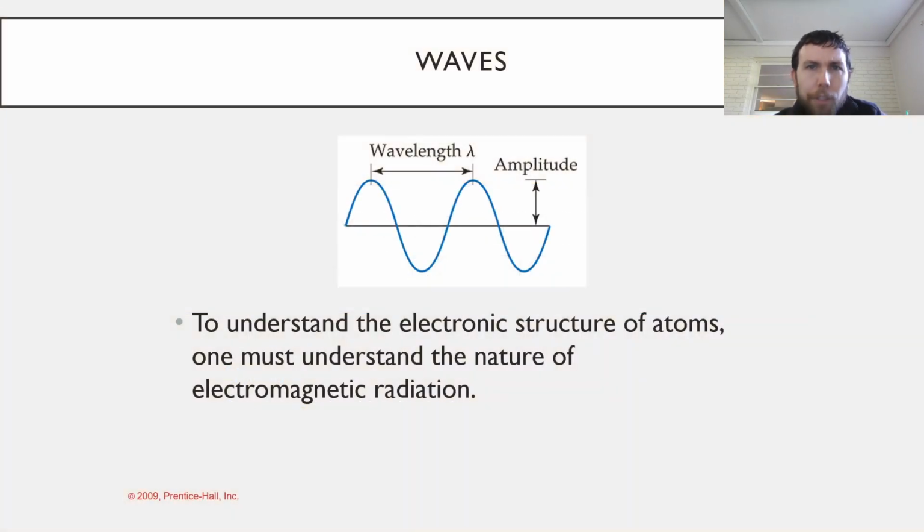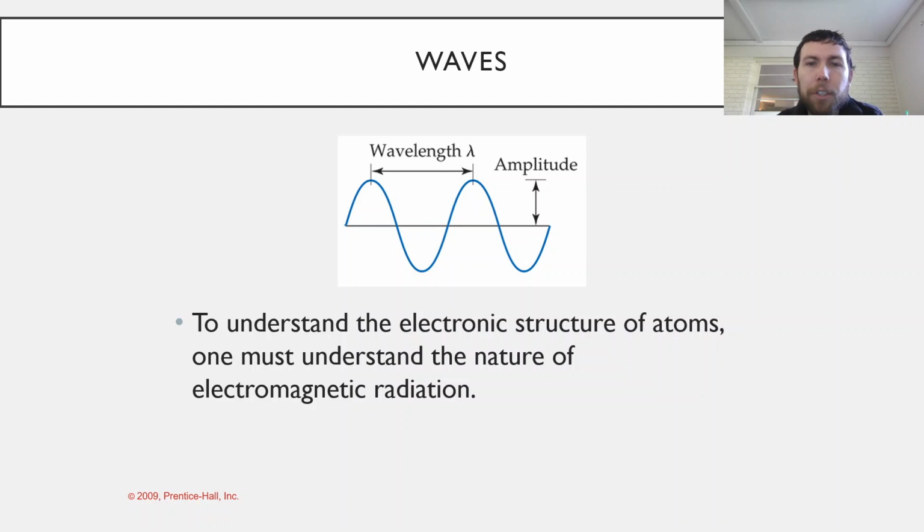You probably remember that a wave can look something like this. This is a transverse wave, for those of you who remember your physics. There are also compressional waves, but this is a transverse wave. Waves are important because they help us understand the electronic structure of atoms. In some senses, electrons are particles, but electrons can also behave like waves.